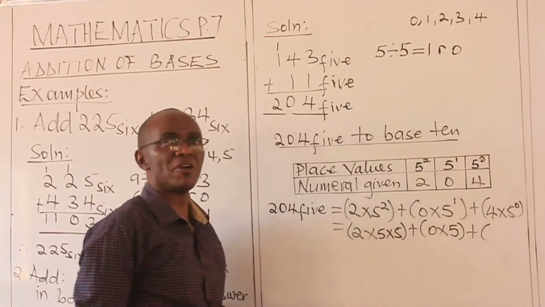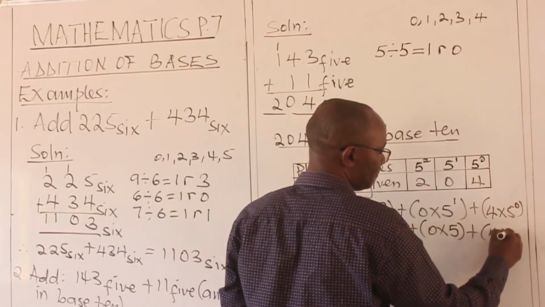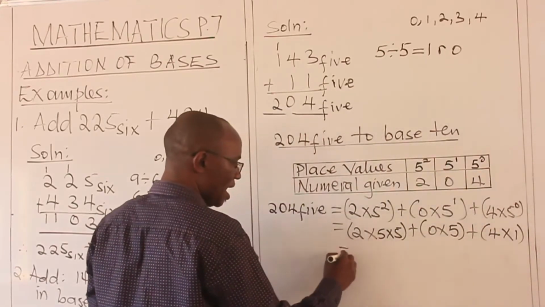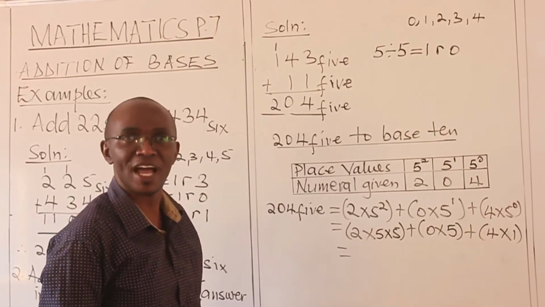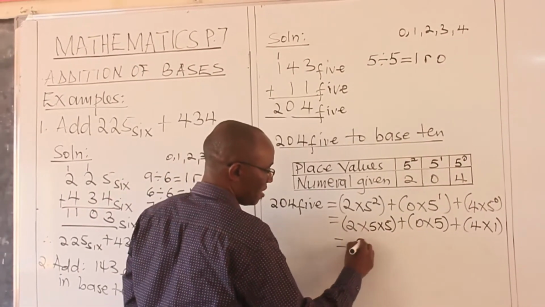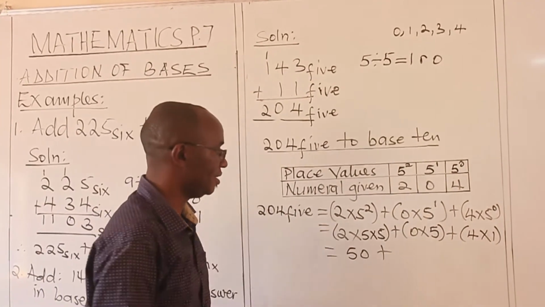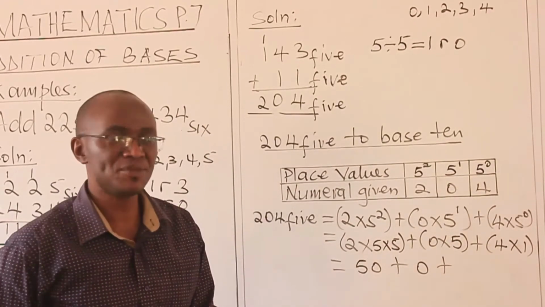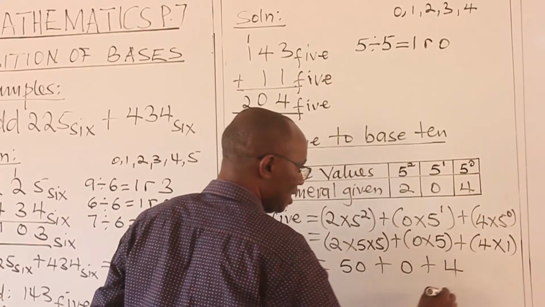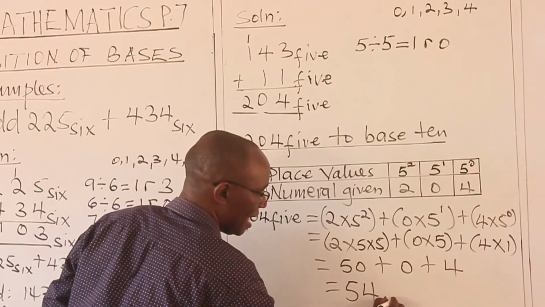Plus any number raised to the power 0 is 1, so this is 4 times 1. So we multiply out. 2 times 5, that is 10. 10 times 5, that is 50. Plus 0 times 5, that is 0. Plus 4 times 1, that is 4. When we add all of that, we shall get 54, base 10.